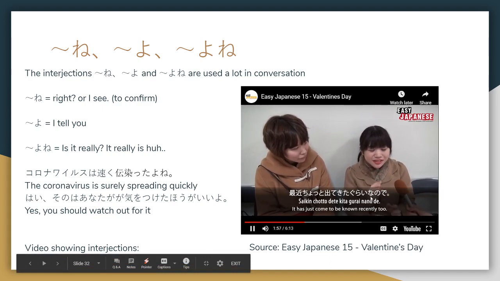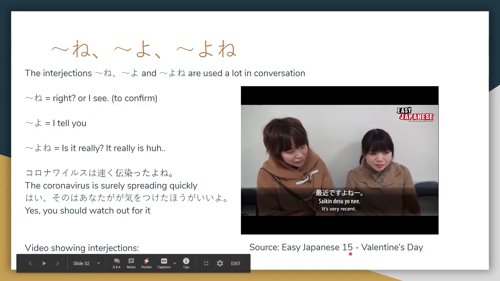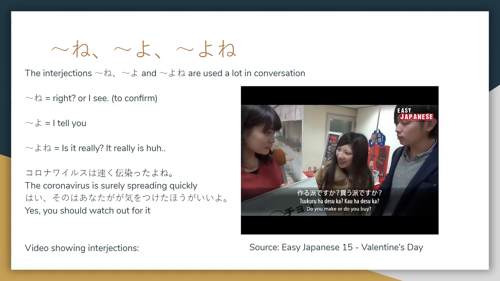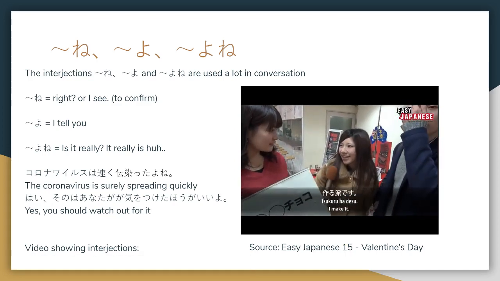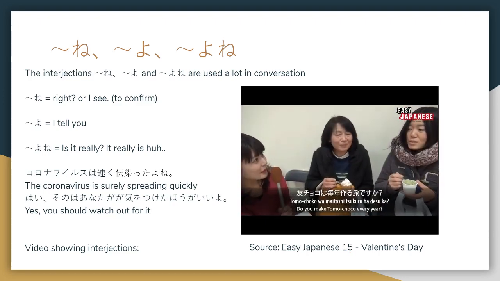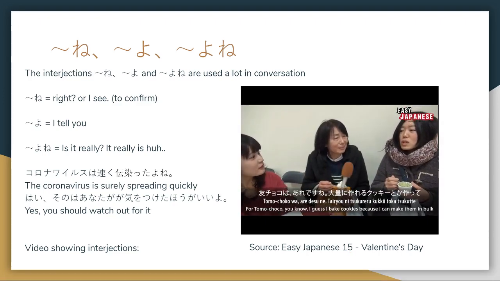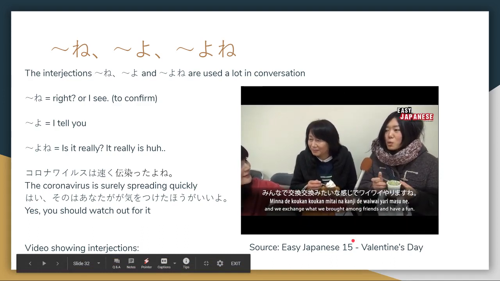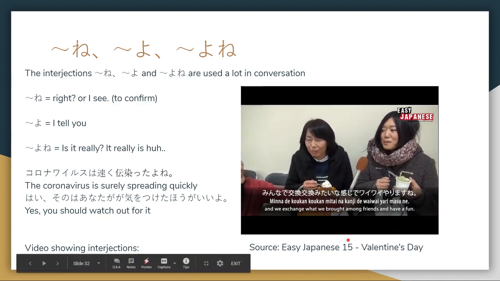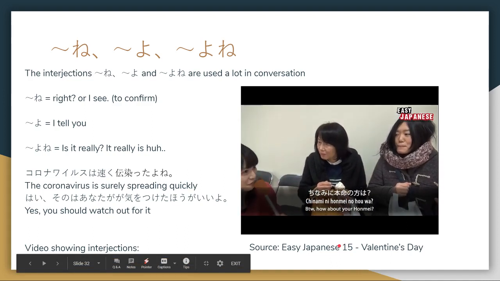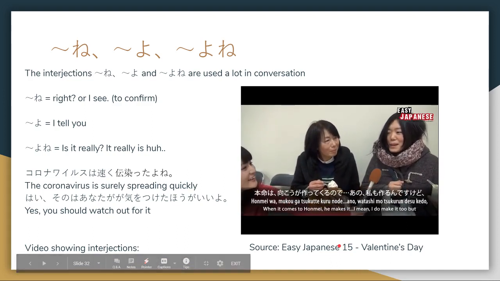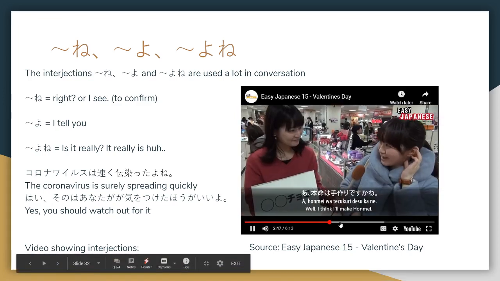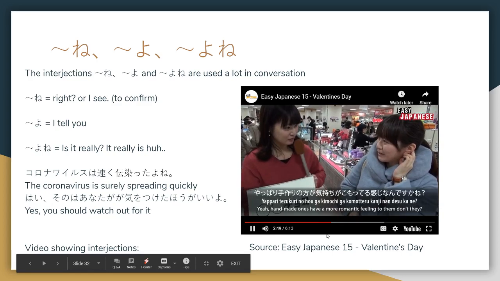See, I just heard another ne. 手作り派ですか？買う派ですか？手作り派です。友チョコは毎年作る派ですか？Yeah, I just heard it. There's another ne right there. ちなみに本命の方は向こうが作ってくるので。Another ne.